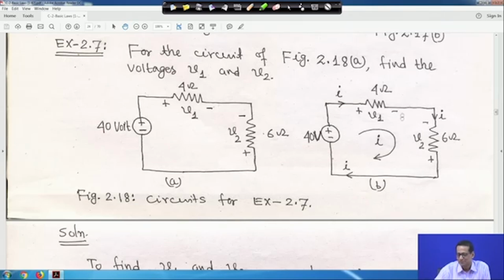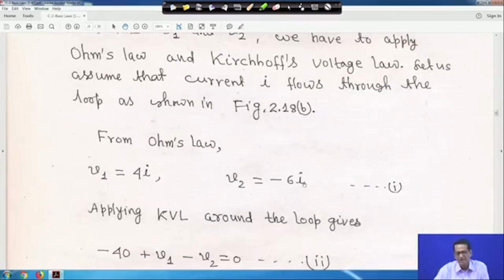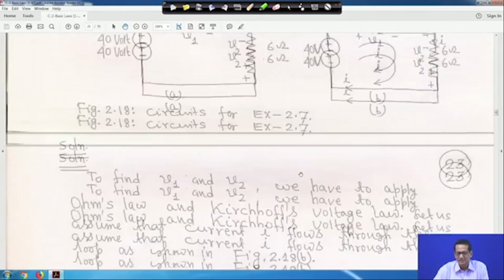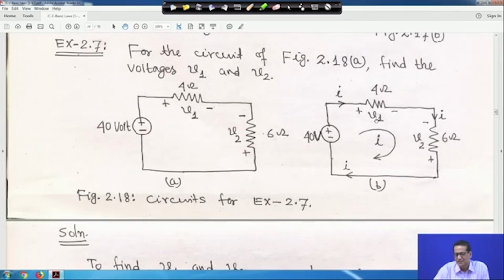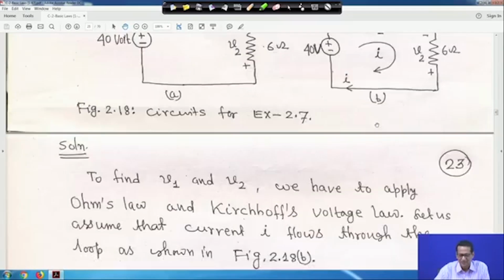Later we will see that both resistors absorb power, since a passive element always absorbs power. But as we have taken the polarity, this is minus and this is plus, with current entering the minus terminal. So V2 will be minus 6 into I. When the current enters the plus terminal, V1 is 4 into I, and here, entering the minus terminal, V2 will be minus 6 into I.